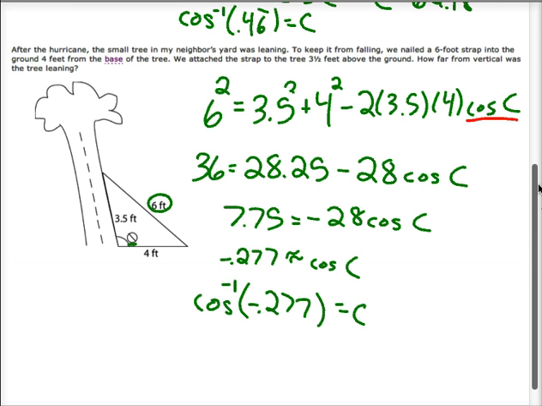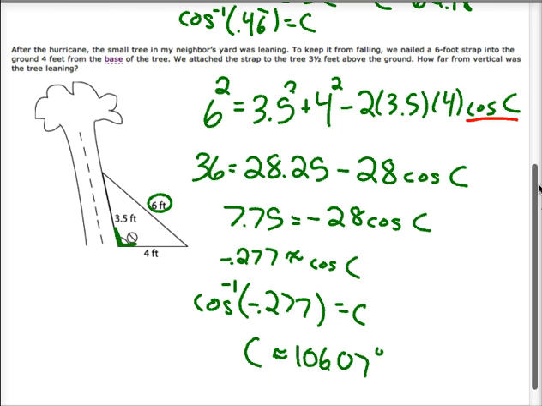So inverse cosine of that answer, and I'm getting C is about 106.07 degrees, which again makes sense because we can see it should be greater than 90. So our answer is reasonable. It makes sense.